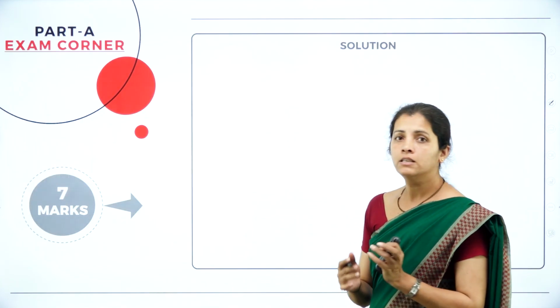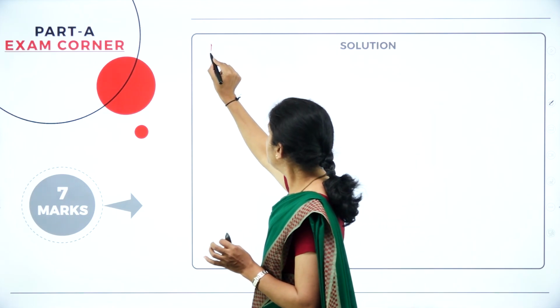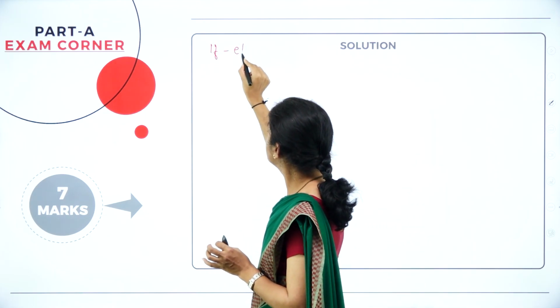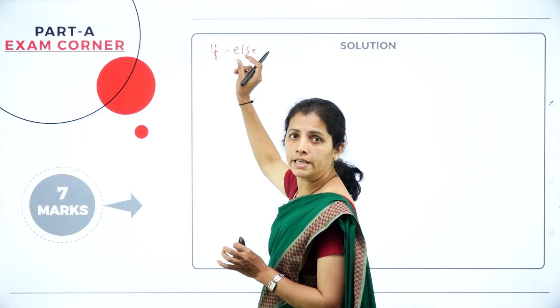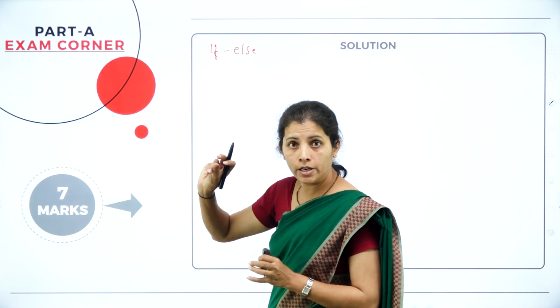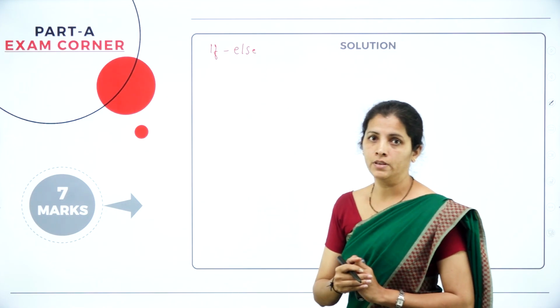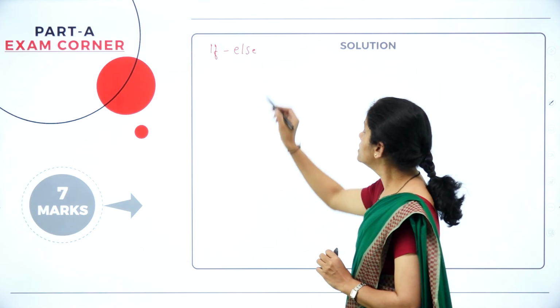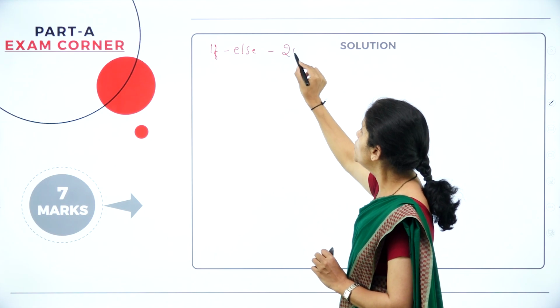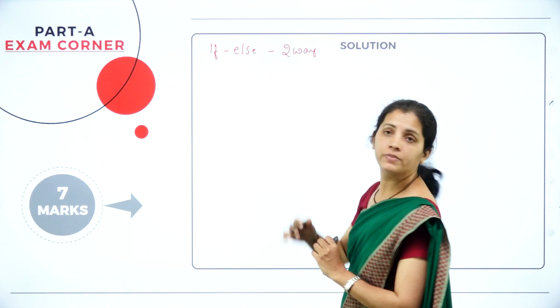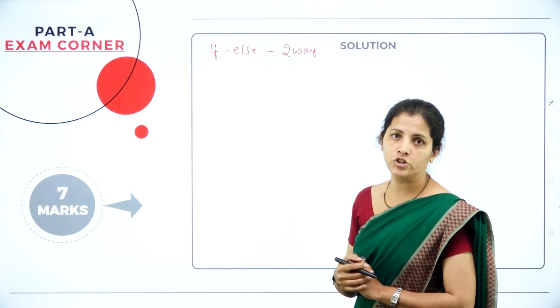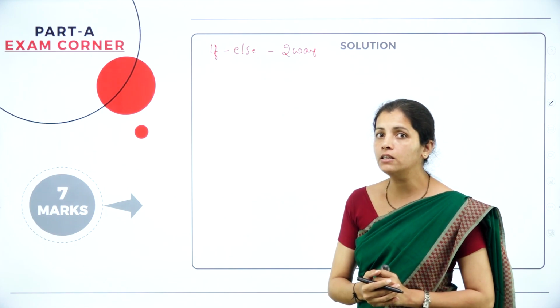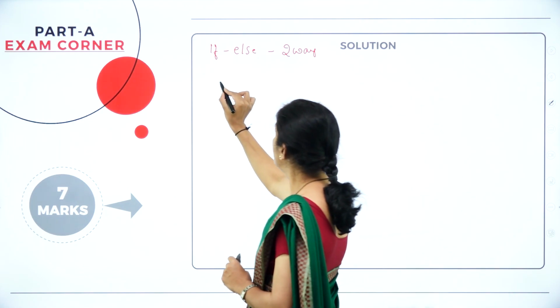Where did we study it? In our second unit, first chapter. These are the control statements. This is called two-way branching. Now let me write the syntax here.